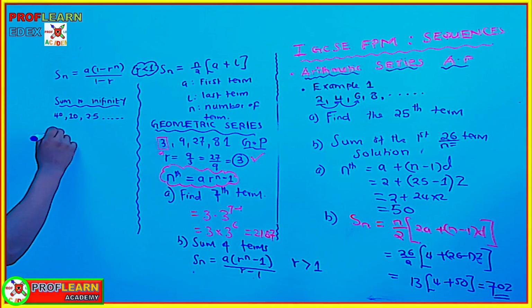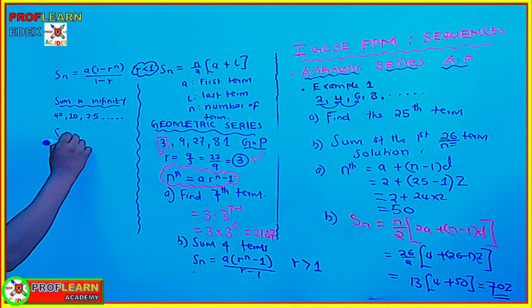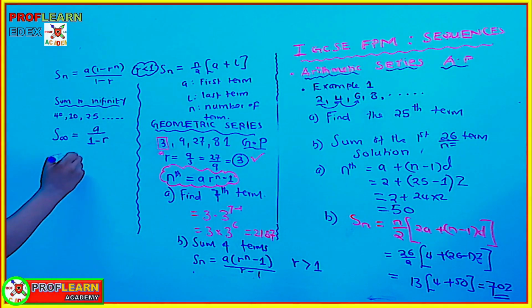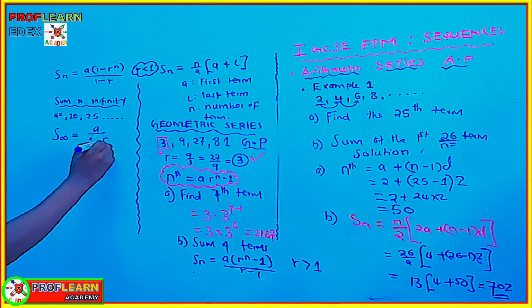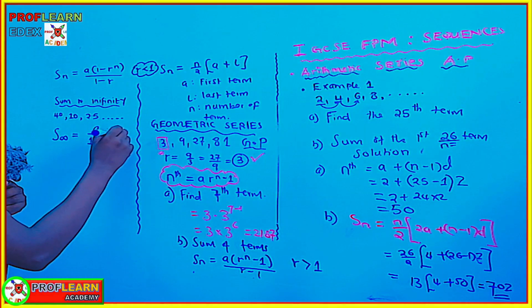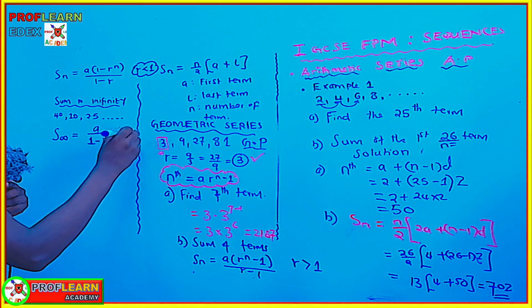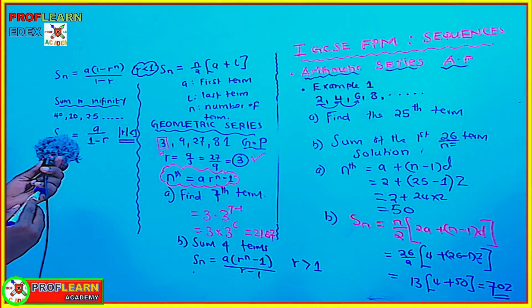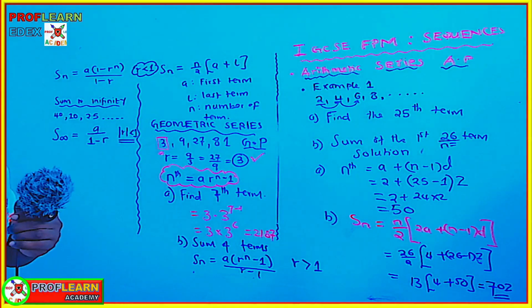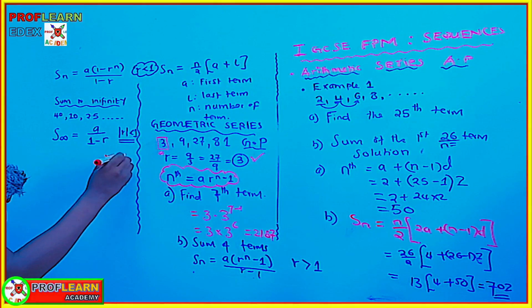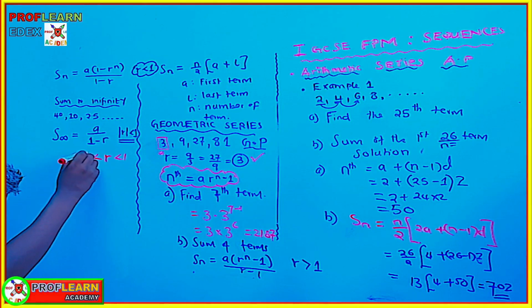Then the sum to infinity formula is given by a over 1 minus r, whereby a is the first term, r is the common ratio, and this formula will only work if the modulus of r is less than 1. So modulus of r less than 1 means r is less than 1 or greater than -1.